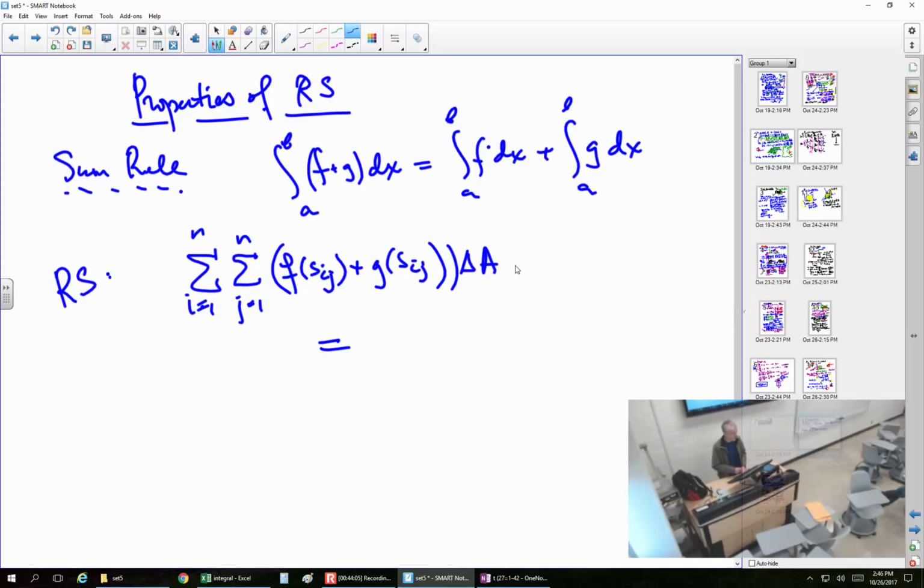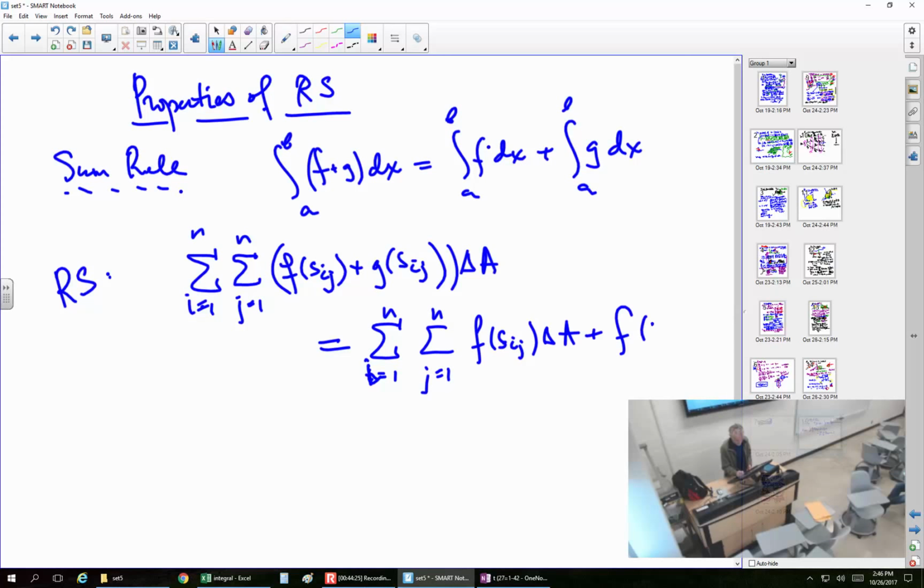I can expand, meaning multiply by delta A. So I'll keep this for now, and I have f of Sij delta A plus g of Sij delta A. Then it becomes clear that each of these two terms is simply two bars put one on top of the other.